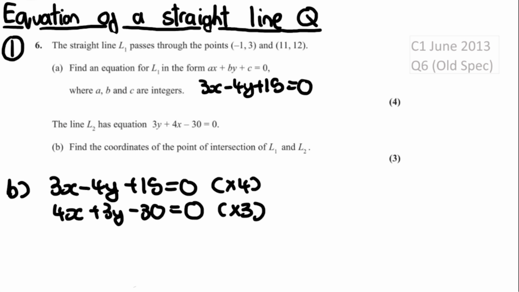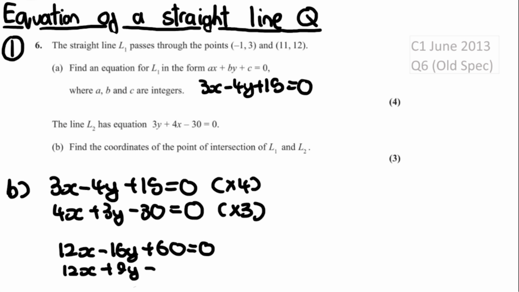So if I do this, it's going to be 12x minus 16y plus 60 is equal to 0, and this one is going to be 12x plus 9y minus 90 is equal to 0.